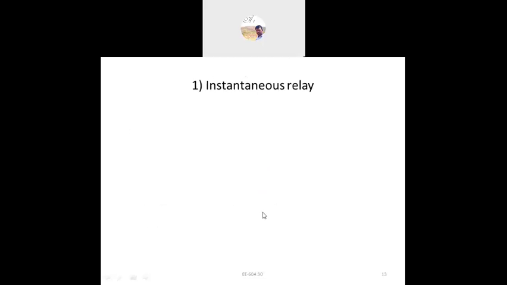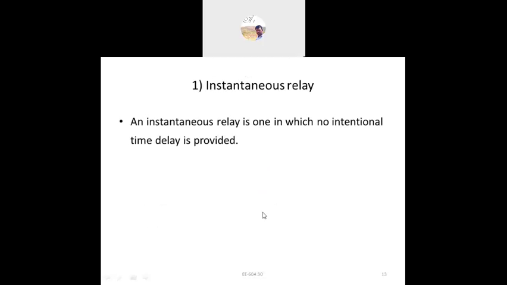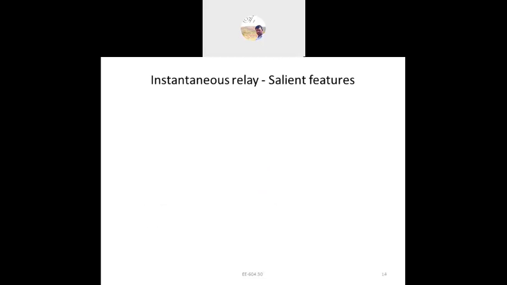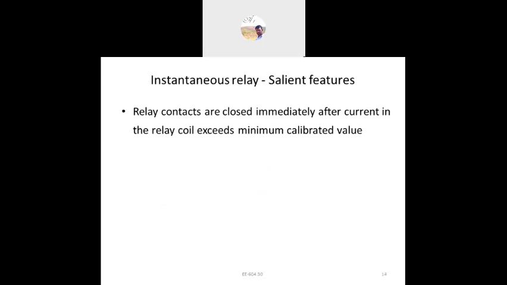Next, each one. The instant relay has no intentional time delay, so it will switch on simultaneously. That's why it is the instant time relay. The relay contacts are closed immediately after the current in the relay coil exceeds the minimum calibrated value, that is, whatever the fault value is.